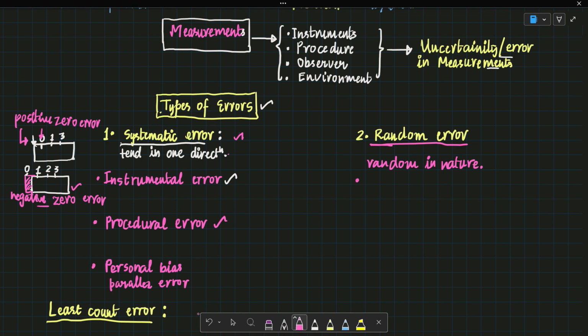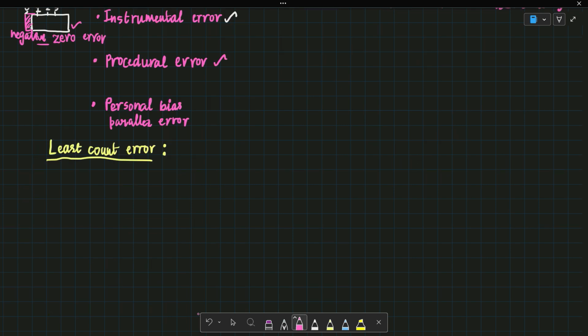So we can minimize this systematic error. But random error, because it is random in nature, is hardly manageable. Least count error occurs because of the instrument.